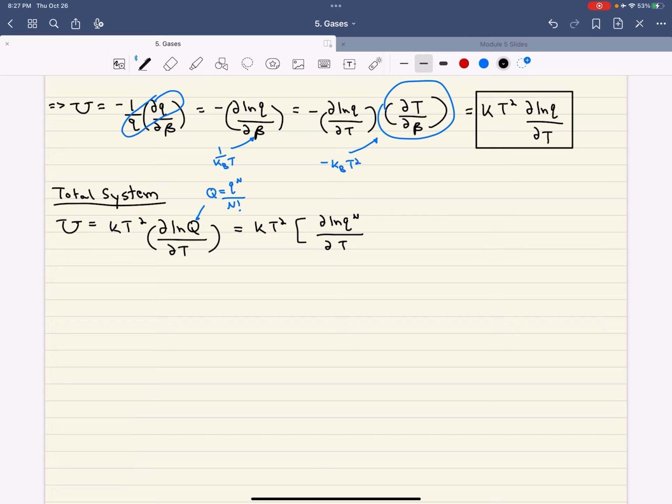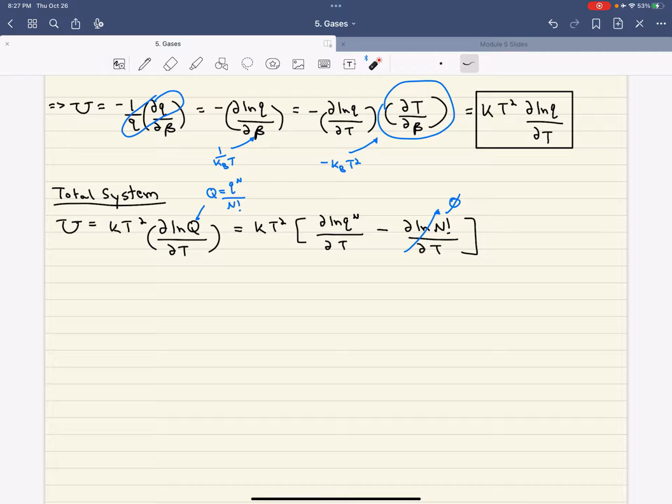So we're just left with that. And for this second term, we have d ln N factorial dT. Here, N factorial is just the number of particles, and that's independent of temperature. So that's going to be 0.